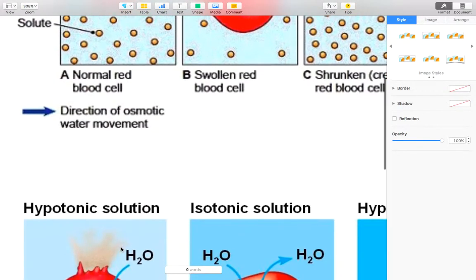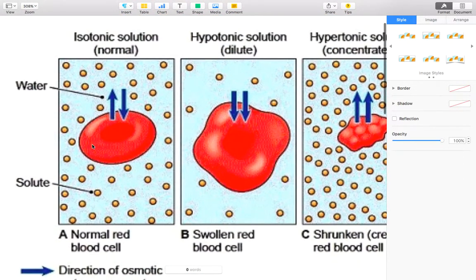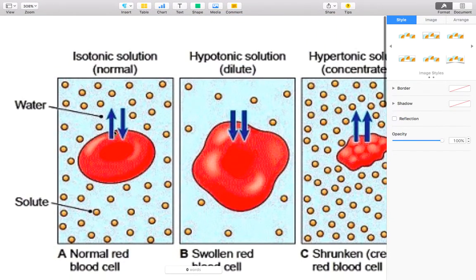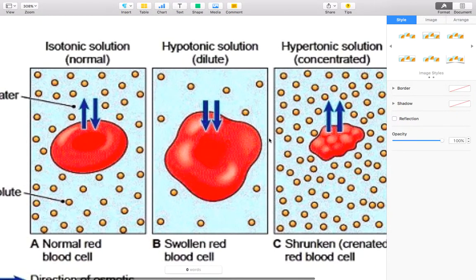What the arrows indicate is the direction of the osmotic water movement. In this picture, the water is moving outwards and at the same time moving inwards, causing an equilibrium, or an isotonic solution. Now, in this middle picture, we see two arrows going inside.